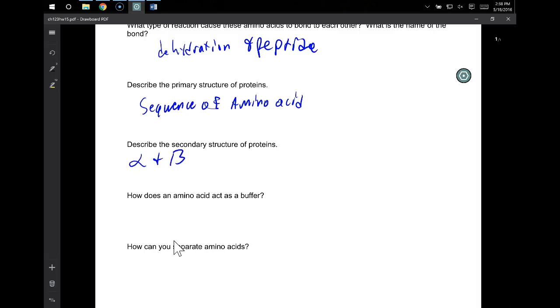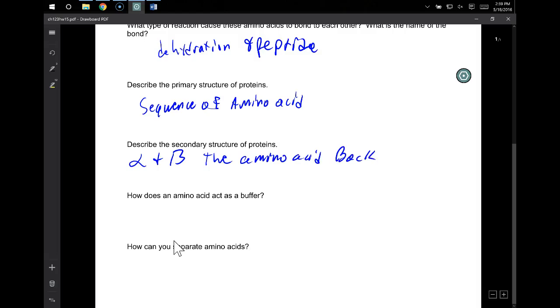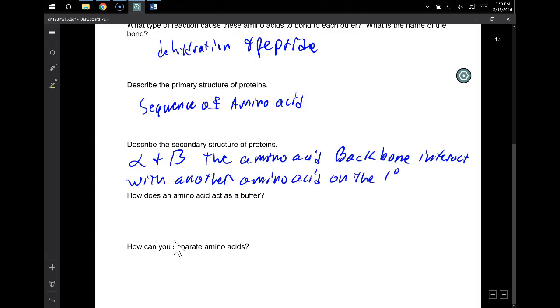So they make an alpha helical shape and a beta pleated sheet shape by having the oxygen and the hydrogens have an intermolecular force with each other in a very regular pattern, either a stair-steppy kind of pattern, which is my beta, or a spiraling staircase, which is my alpha.